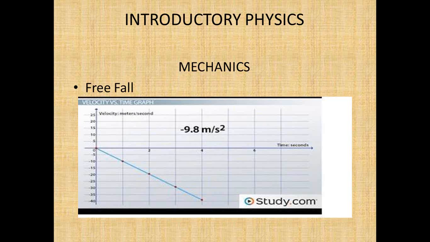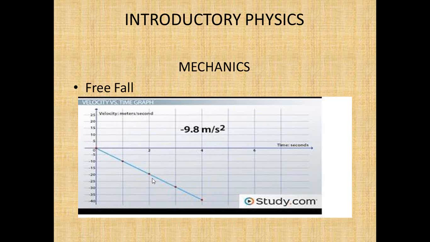At time 2 seconds, it's going to be 19.6. Remember that? And then at time 3 seconds, it's going to be three times that. So when you plot those points, you get a straight line.